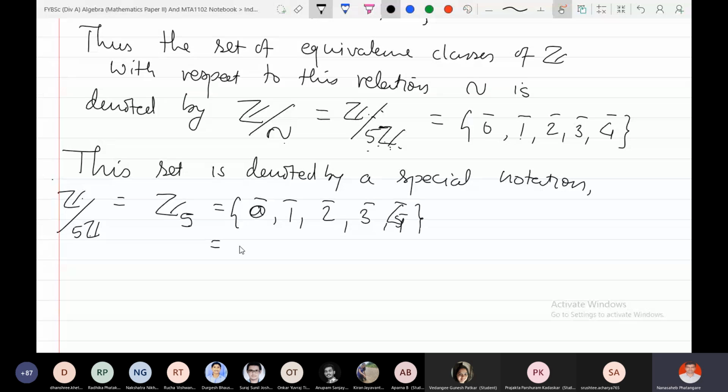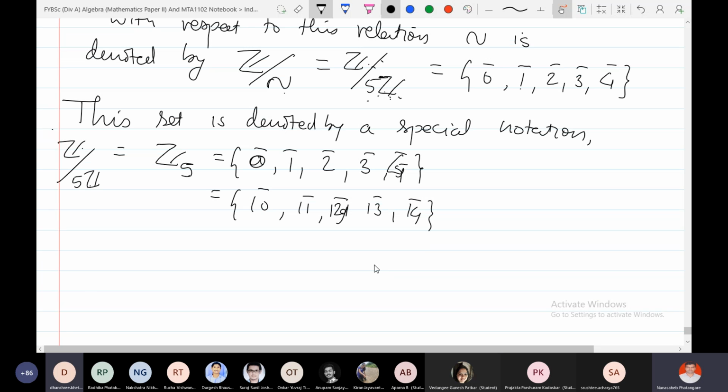Now if I write this as 10 bar, 11 bar, 12 bar, 13 bar, and 14 bar, is it correct? Yes. It doesn't matter what the representative is, because 10 is in the class of 0.